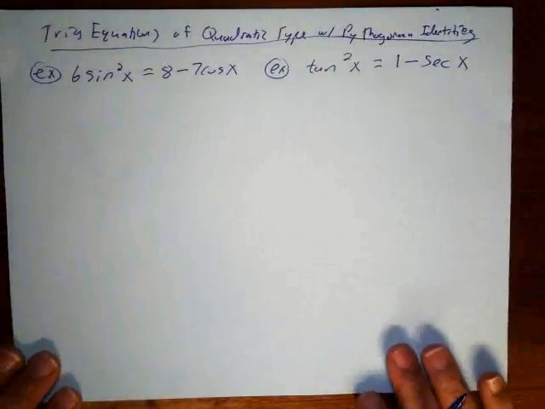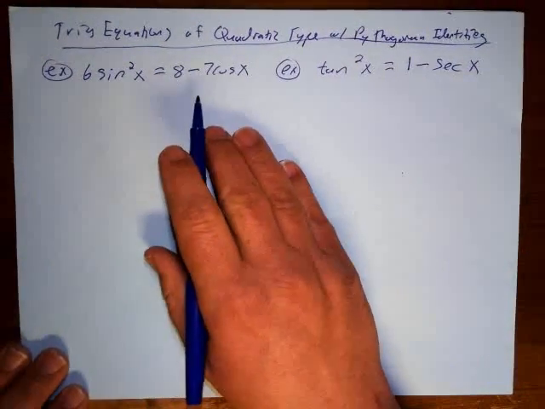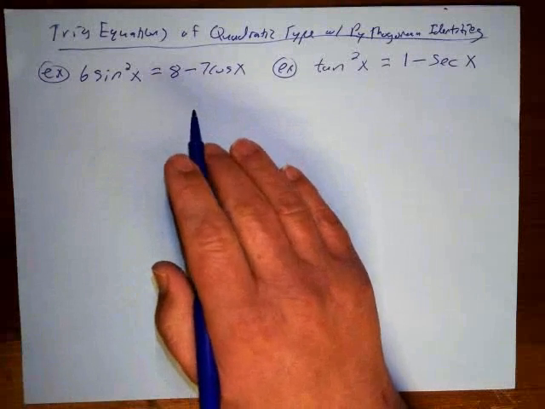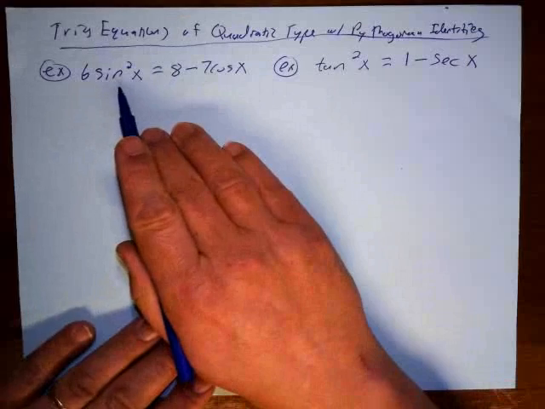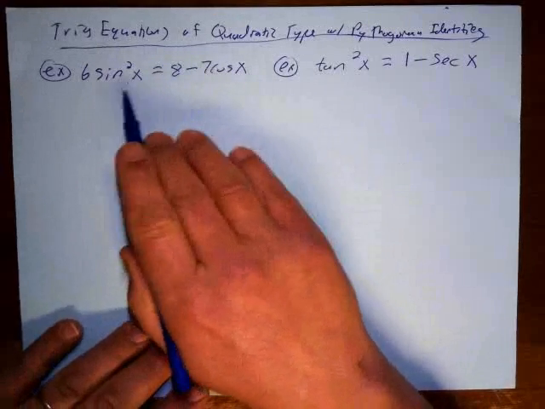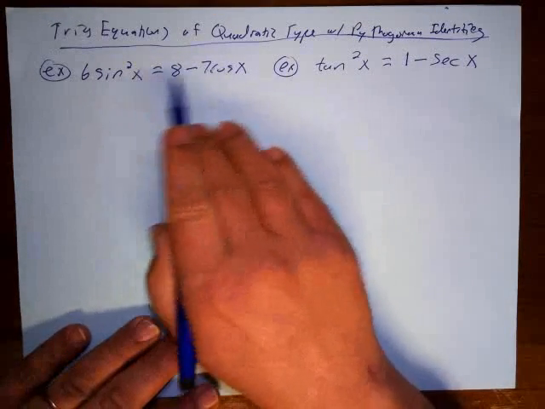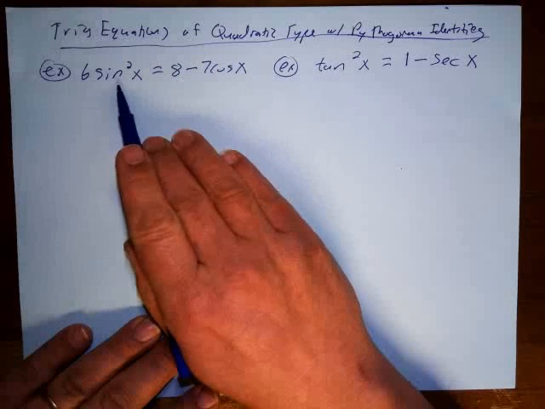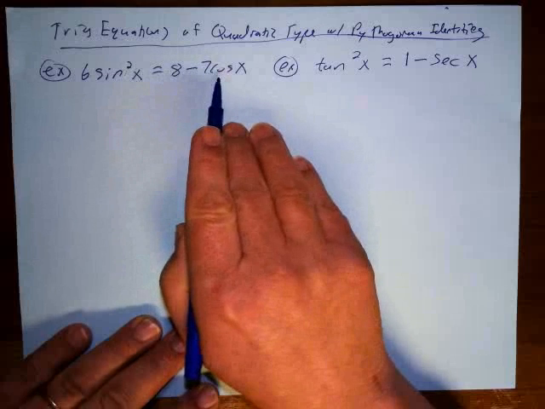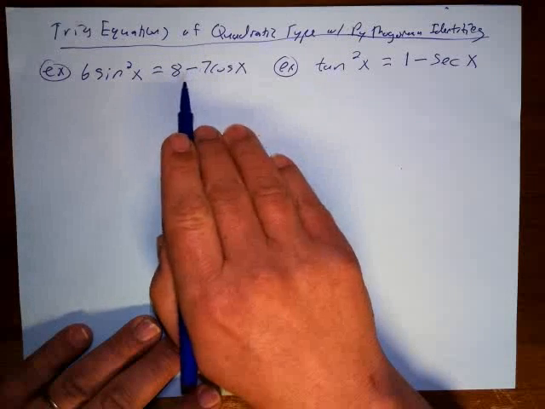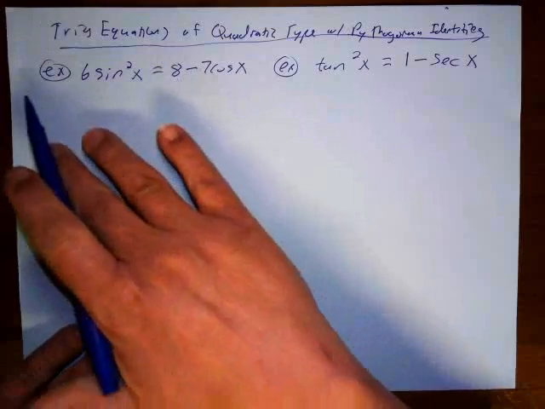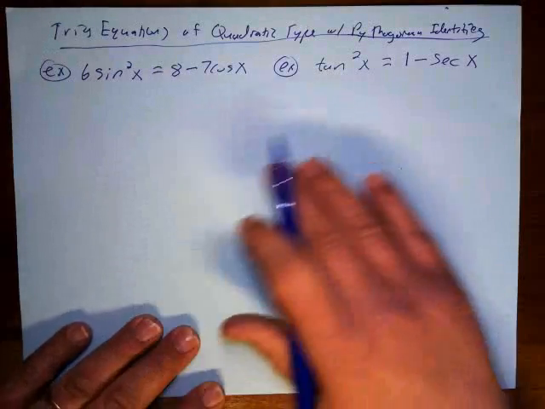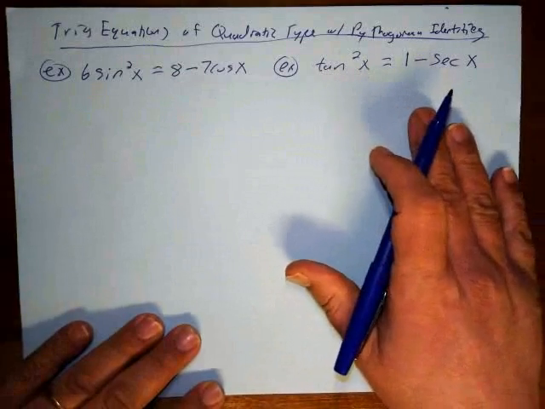And so the idea here is you're going to have an equation that'll involve two of the functions from the Pythagorean identity, in this case sine and cosine, and one of them is going to be squared and the other one's a linear term, okay? And we're going to be able to use the Pythagorean identity to get them all in terms of the same trig function.